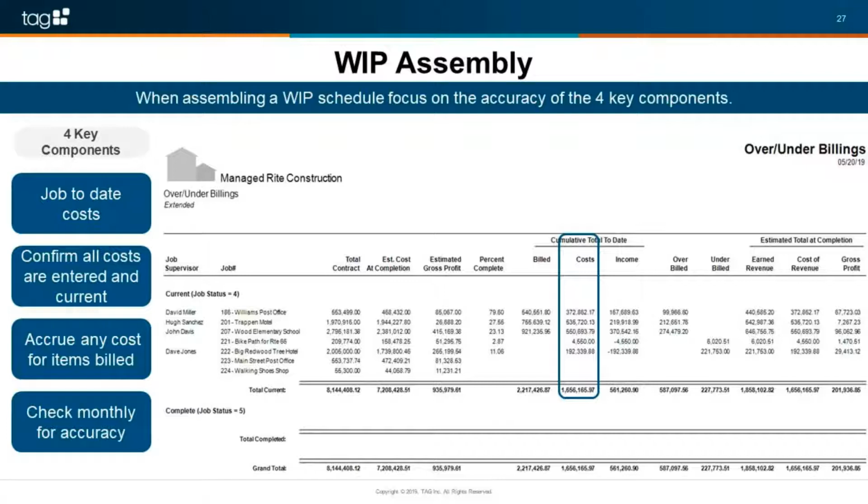That can really skew how my job looks on the WIP schedule. So I need to make sure that I'm accruing for any of those large item costs that I know I've already billed for, but I haven't received that information for. And like always, we need to just check monthly that the information that we're entering in here is accurate.